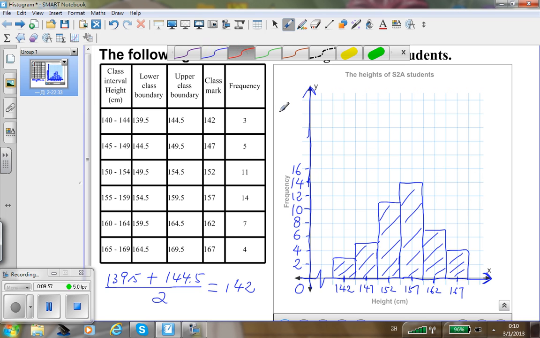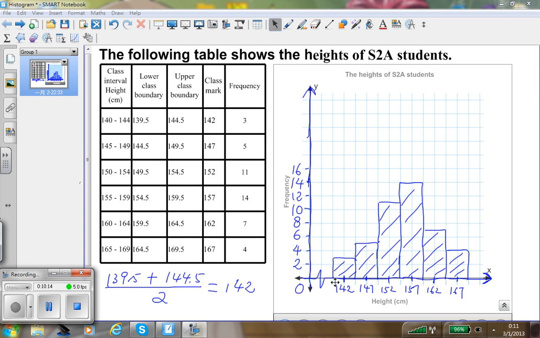Now at the end, just to remind you once again, whenever we draw a graph, we need a title, and we also have to label the vertical axis and the horizontal axis. If we have to skip some values, make sure that we add the symbol.